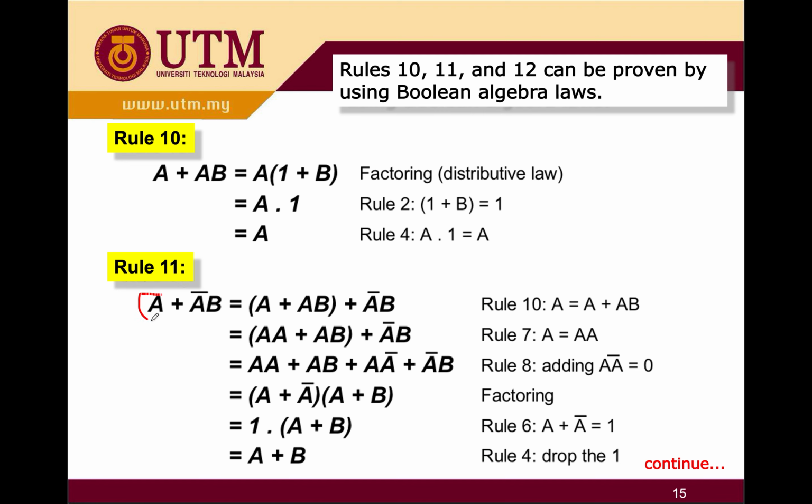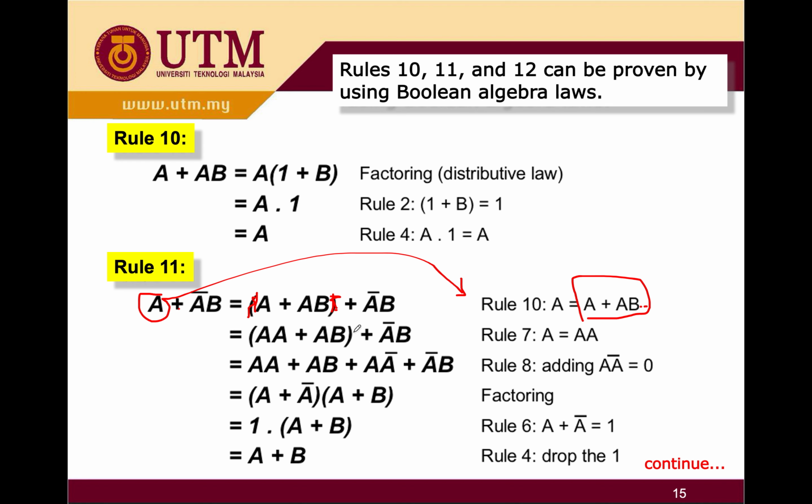I put it here as A, and you will use rule number 10. You apply A plus AB, which equals A. So you put A as this one, and then you plus A bar B. So you will get this, no need for you to put the factor anymore.